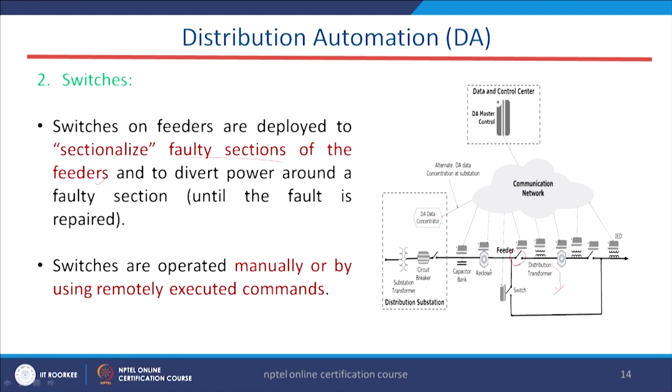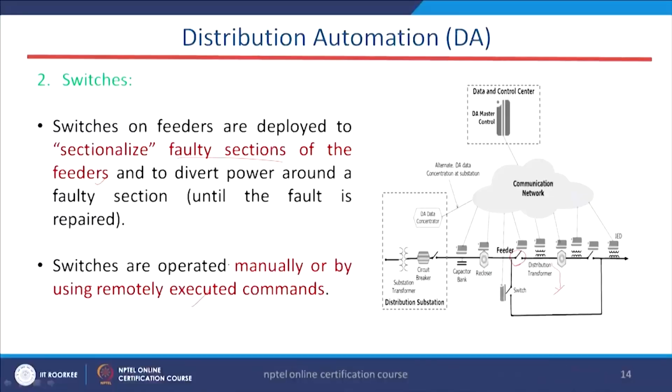That is the function of this switch, so that we can save a few of our loads which are connected to the healthy section, and also we should not allow the fault current to propagate to the healthy sections, otherwise the devices will see a huge amount of current, since the current is very high during the fault condition.